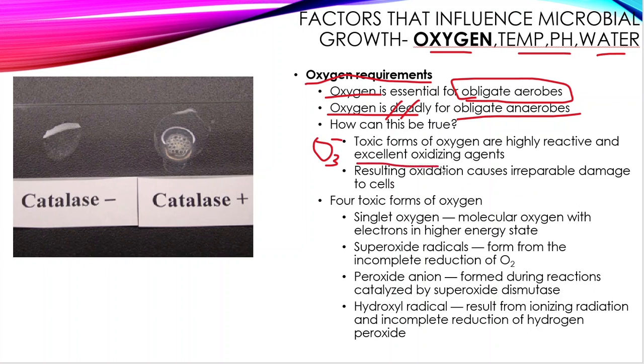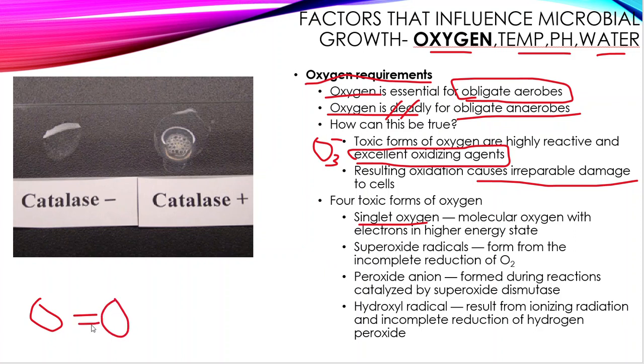These guys are oxidizing agents. They're going to steal electrons. Some places you don't want to steal electrons from because these are important molecules and they're essential for the life of the cell or whatever. Irreparable damage. Singlet oxygen. Oxygen, if you guys remember, has to be bound.